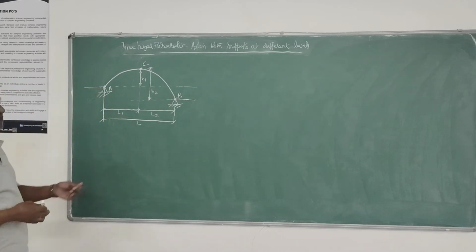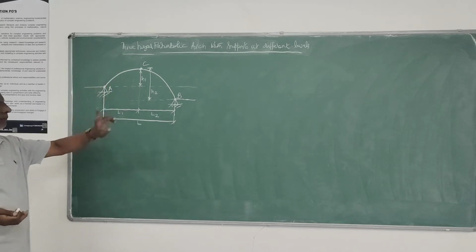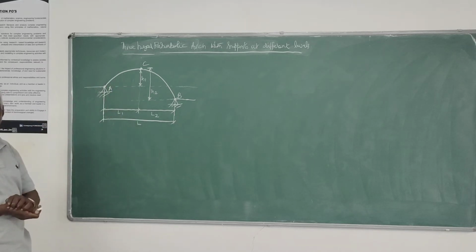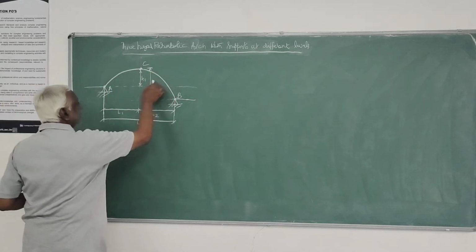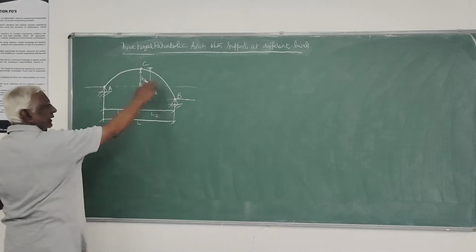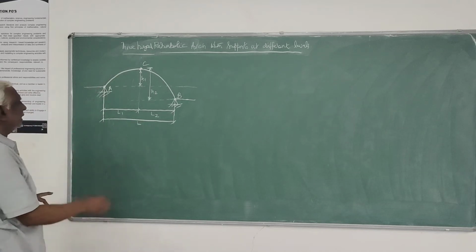So let us consider a three hinged parabolic arch with supports at different levels. In this parabolic arch, the profile of the curve is a parabola.